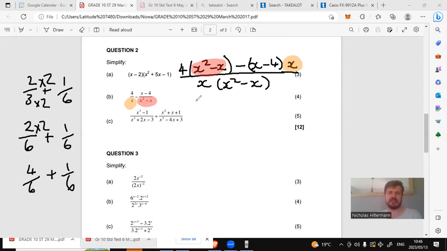now we times this out, right? So 4x squared minus 4x minus x minus x squared, right? Because it's x times x. And minus times minus is plus 4x.